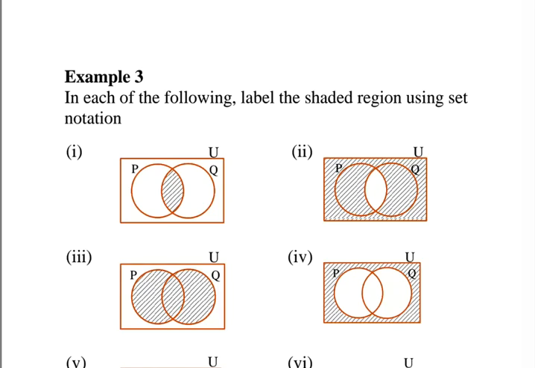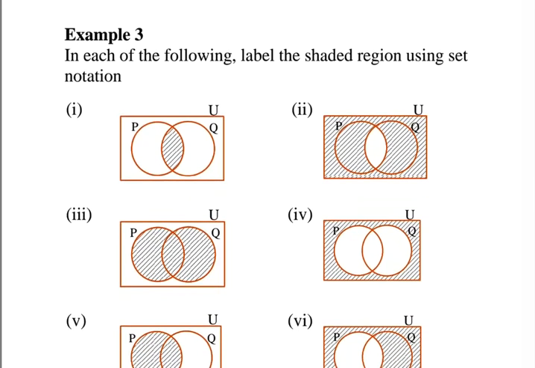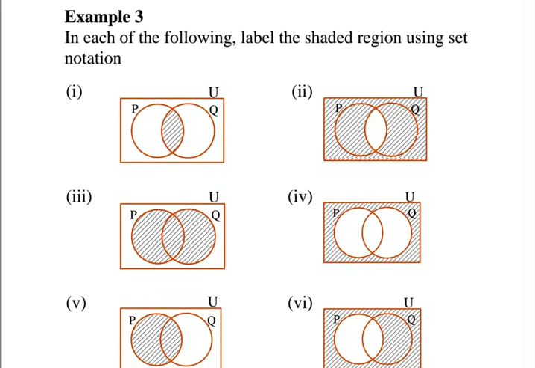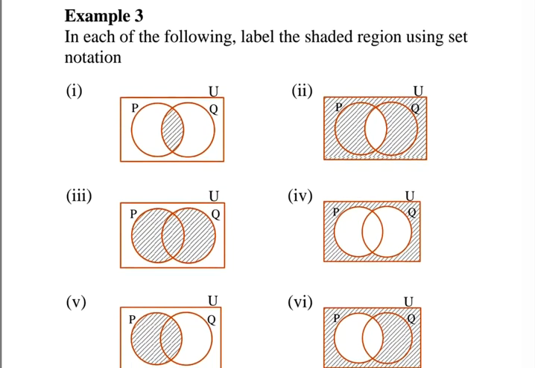In example 3, in each of the following, we're to label the shaded region using set notation. Sometimes the examiner might shade a particular region and ask you to label that region using set notation.